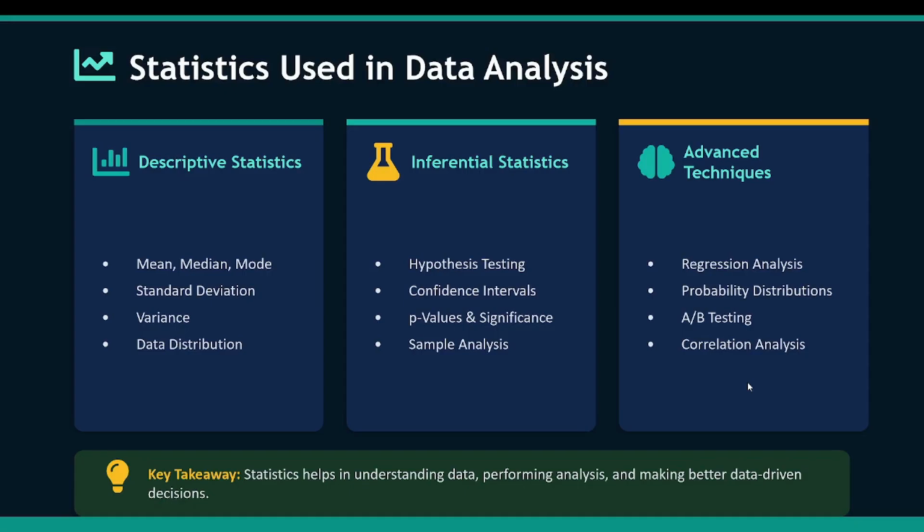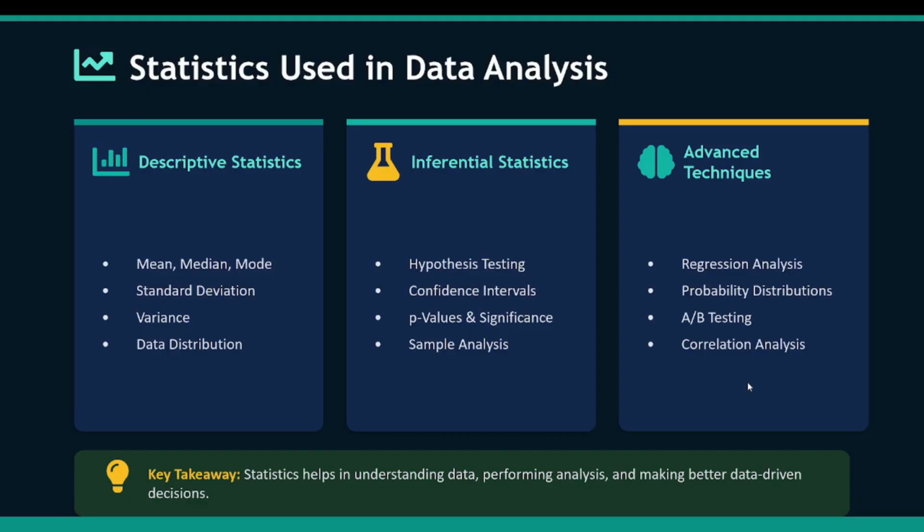The third category is advanced statistical techniques, which are used when building predictive models and performing deeper analytical tasks. Regression analysis is used to understand and quantify the relationship between a dependent variable and one or more independent variables. It is one of the most widely used techniques in machine learning and forecasting.